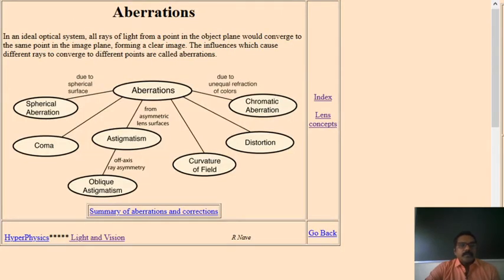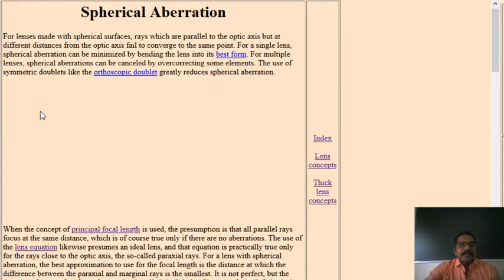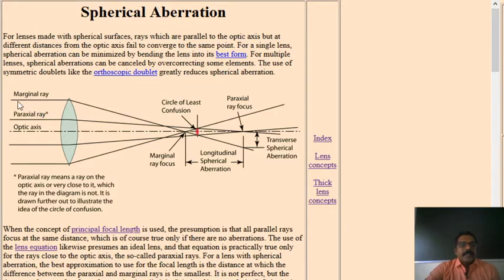So now, in spherical aberrations, rays far from the optic axis, this is the principal axis or optic axis, those rays are called marginal rays, and rays nearer to the principal axis are called paraxial rays.